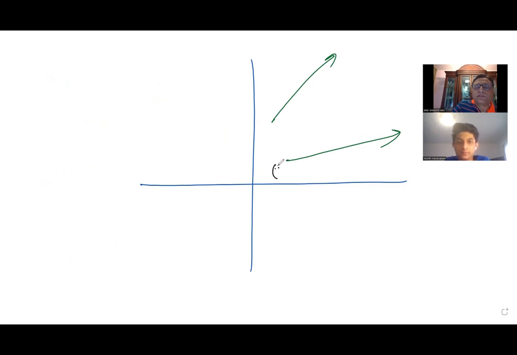Let's say this is 2, 1, and this point is 7, 4. And this point is 1, 1, and this one is 1, 5. And this point is 5, and let's say this is 9. Let me name this vector as u and this vector as v.